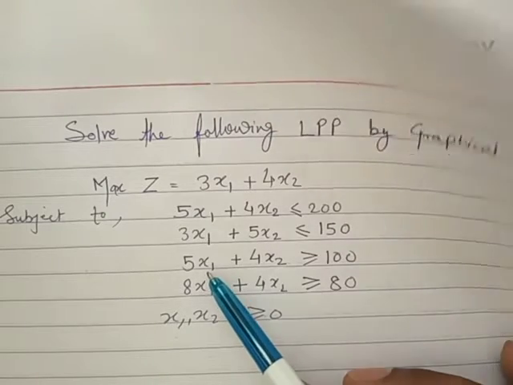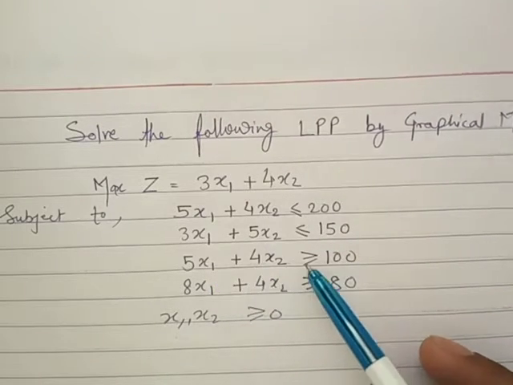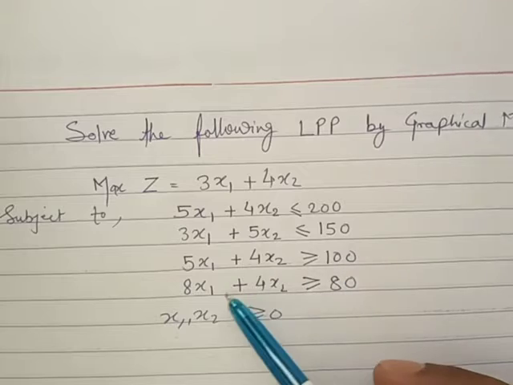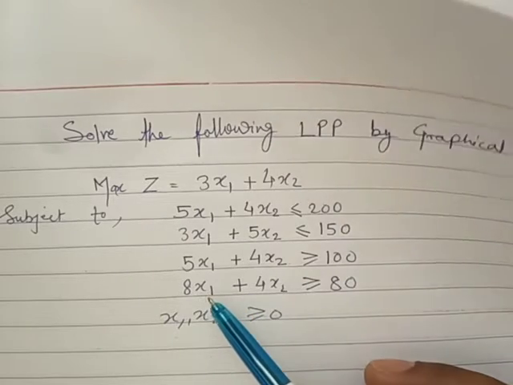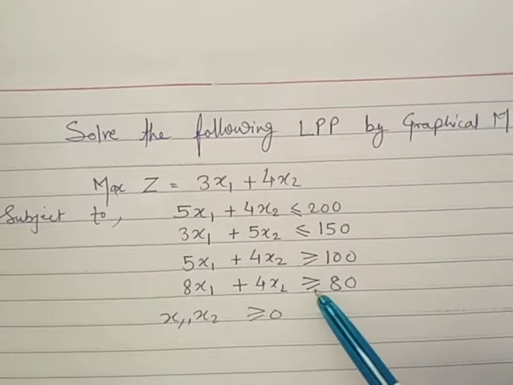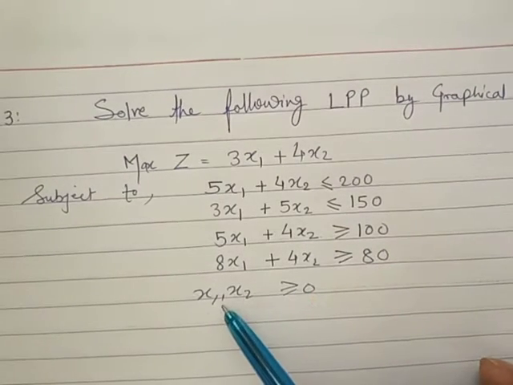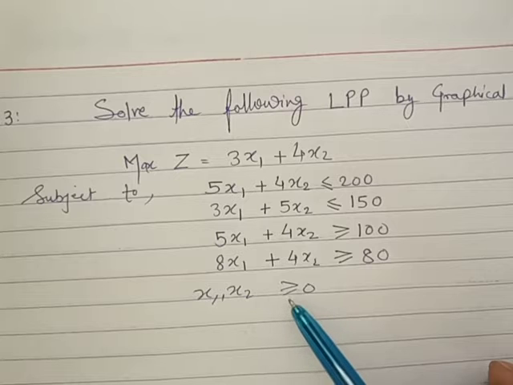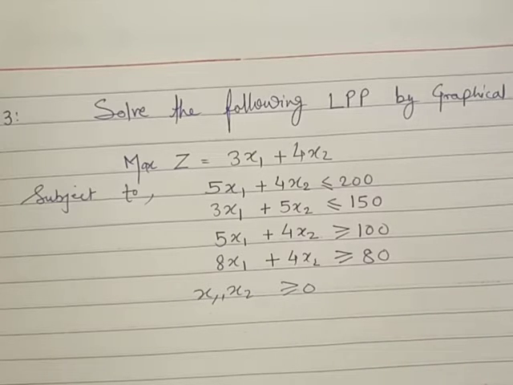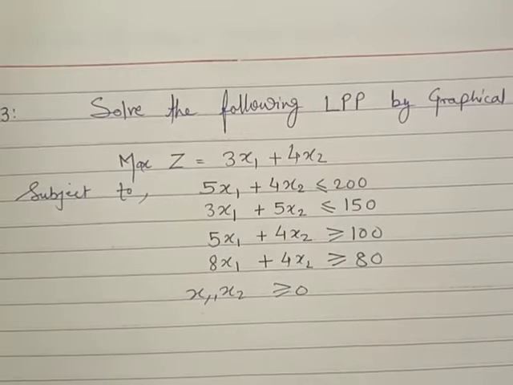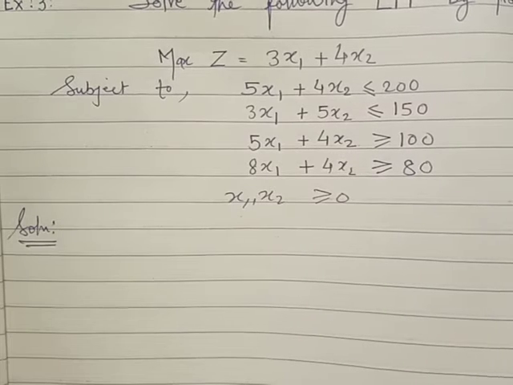Third constraint is given as 5x1 plus 4x2 greater than or equal to 100. And the last one 8x1 plus 4x2 is greater than or equal to 80, where x1 and x2 are greater than or equal to 0. So this is the problem statement, and now we will solve the problem using the graphical method.